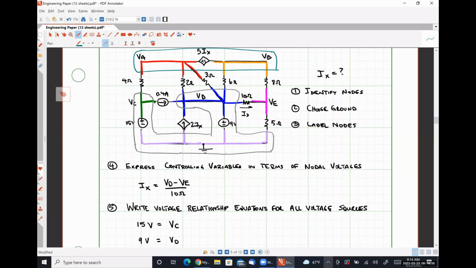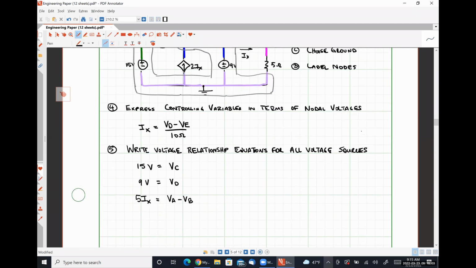When the supernode contains ground, we do not need to write a Kirchhoff's current law equation for that supernode, which means we are going to get no KCL equation for that big ugly blob I've drawn on the bottom. The supernode up top does not contain ground, so we are going to have to write a KCL equation there, okay?